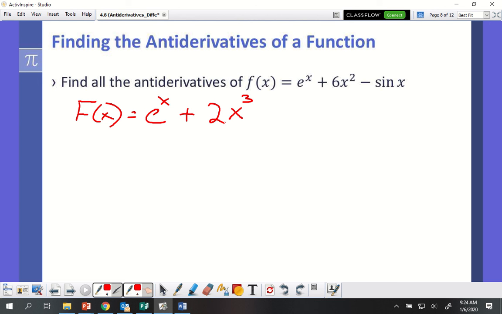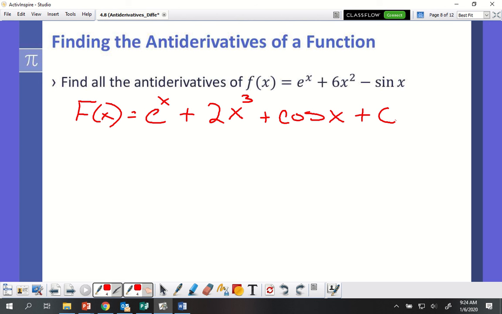And minus sine x. So I'm going to take the antiderivative of negative sine. So it's going to be positive cosine of x plus c.